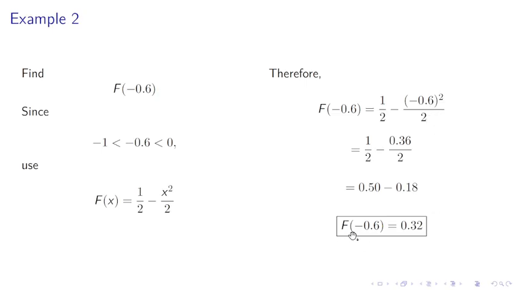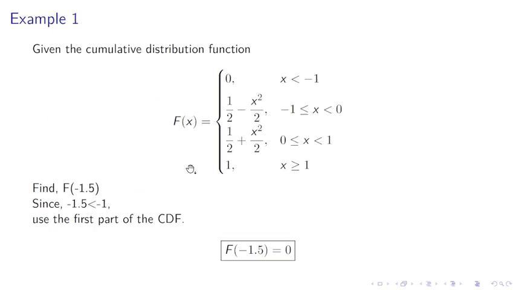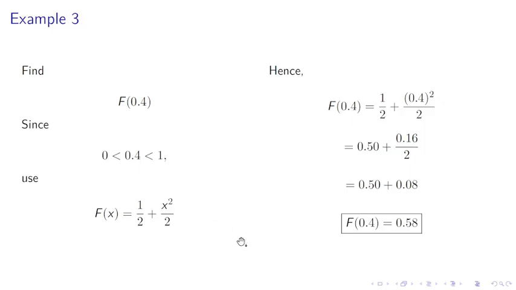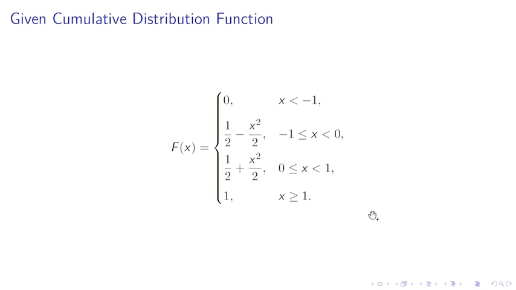We get F of minus 0.6 is equal to 0.32. Similarly, find F of 0.4. Since it is between 0 and 1, use 1 by 2 plus x square by 2. Simply substitute 0.4 in place of x, it is 0.58. Find F of 1.3. Since it is greater than 1, F of x is equal to 1.